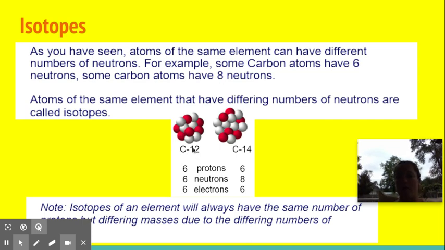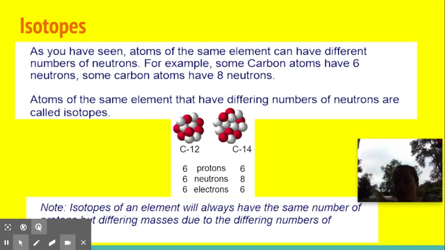Let me read this last sentence. Atoms of the same element that have differing numbers of neutrons are called isotopes. So when we have different amounts of neutrons, they are called isotopes. And this is the number, this is our mass.